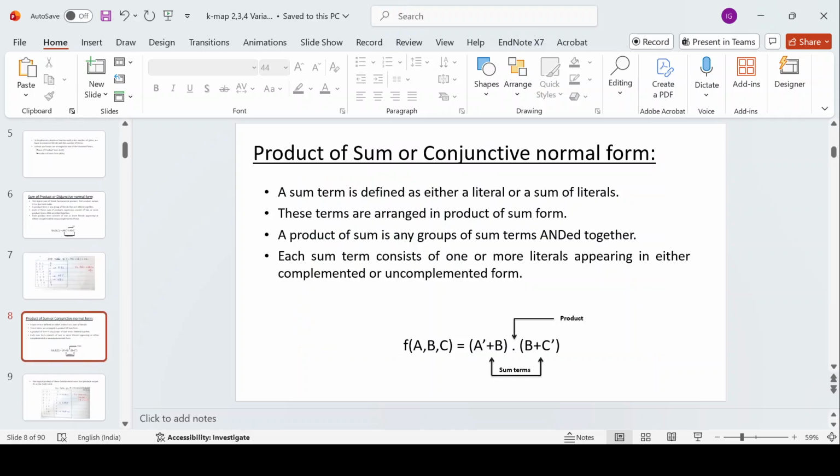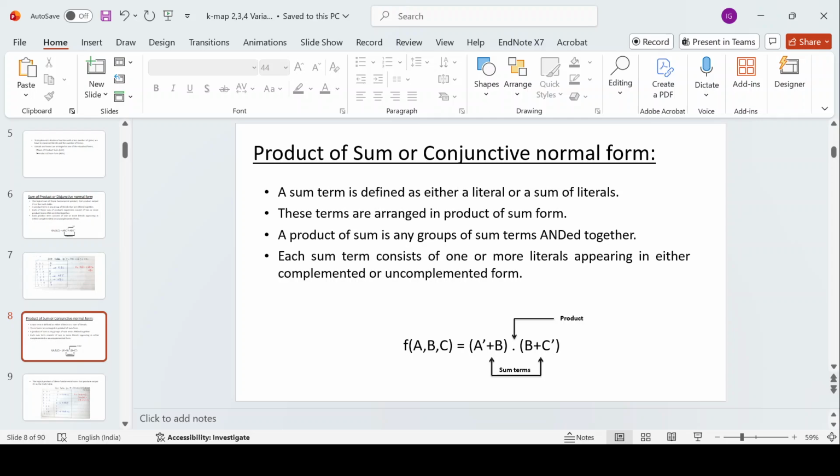Next one is the product of sum. The sum term is defined as a literal or a sum of literals. These terms are arranged in the product of sum form. That means the product of sum is a group of sum terms, and the sum terms are connected together with the help of AND.